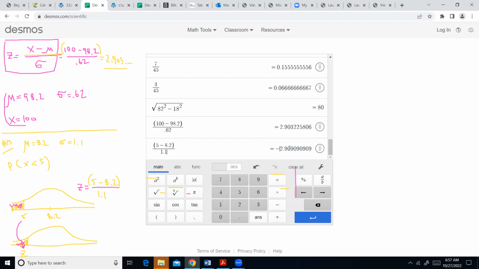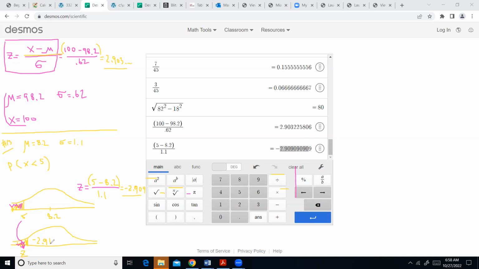So here's the z-score that we produced. It's negative. Not surprisingly, it's negative because we got a 5, which is smaller, so it's to the left from my mean, so that 2.9090, etc. actually translates into a z-score, which is negative 2.91, right?